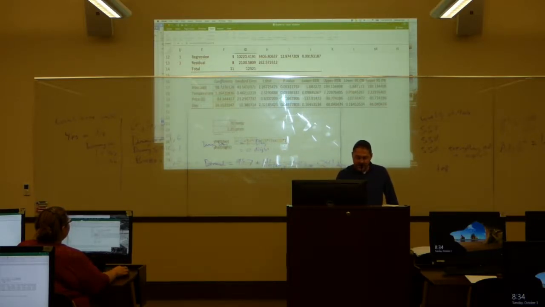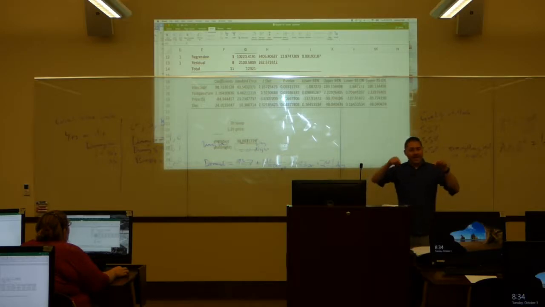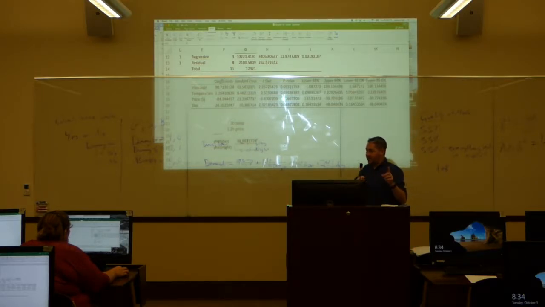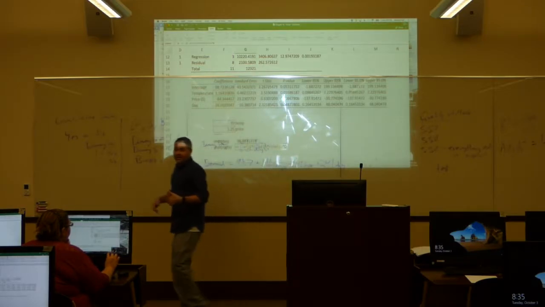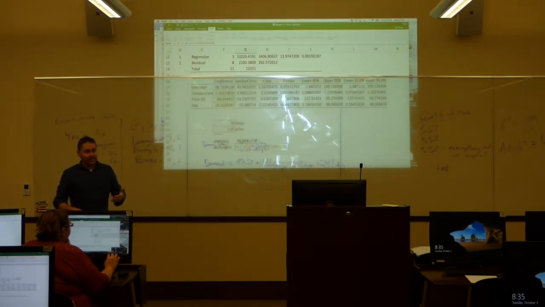So the demand during day for the hot dog would be 98.88 hot dogs. Okay? Now what would the demand be at night, all else equal? We're going to do the same exact thing: intercept plus temperature times the temperature plus coefficient on price times the price plus coefficient on day times 0, because 0 is night. 1 for day, 0 for night.